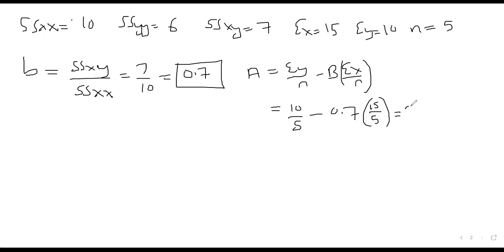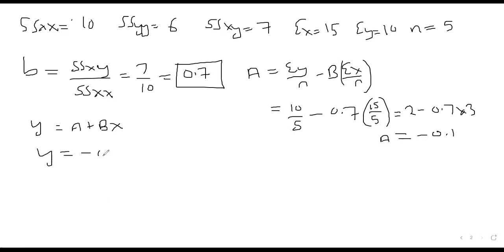We have 2 minus 0.7 times 3, which is negative 0.1. So our regression equation is y is equal to a plus b x. So what is our a? Negative 0.1, and b 0.7, and put the x there.